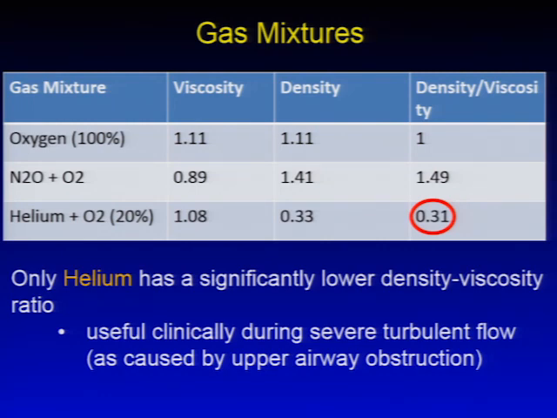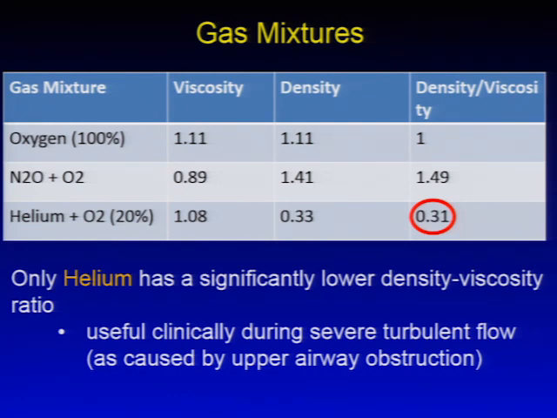So, gas mixture. As you can see here, 100% oxygen gas has a viscosity of 1.11 and density of 1.11. Therefore, the ratio of density to viscosity is 1.